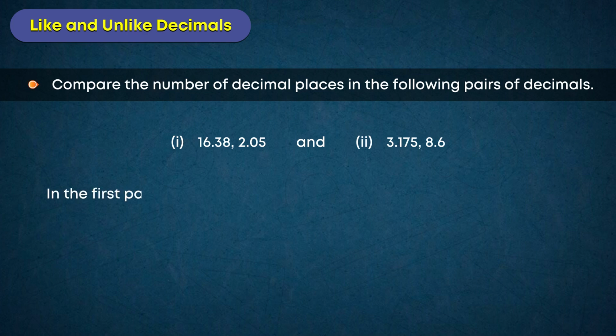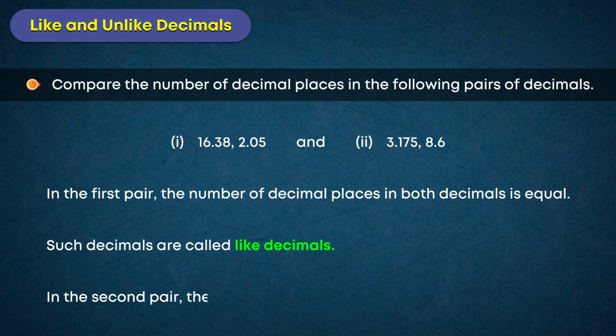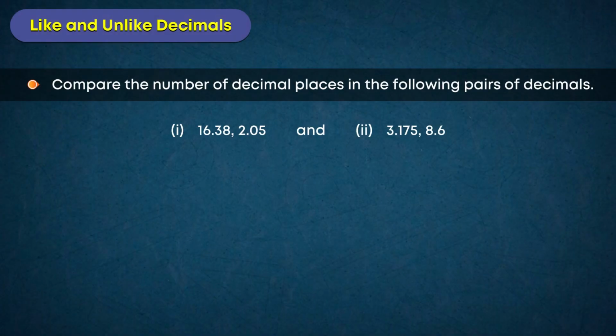In the first pair, the number of decimal places in both decimals is equal. Such decimals are called like decimals. In the second pair, the number of decimal places is not equal. Such decimals are called unlike decimals.